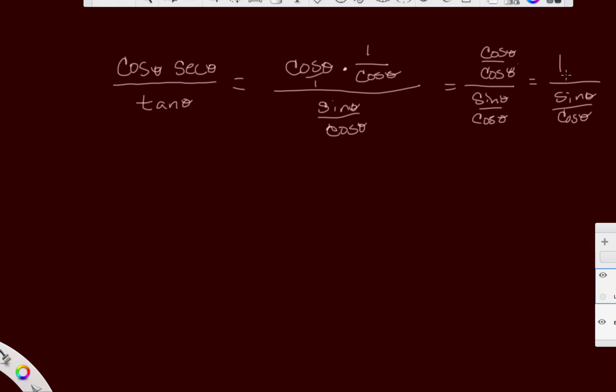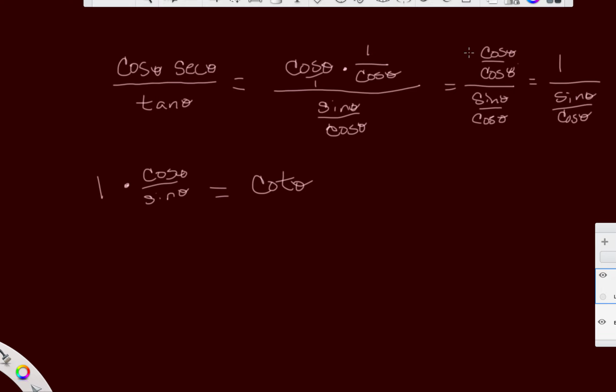I'm going to continue because this next skill is important. We have 1 in the numerator, and we're going to multiply by the reciprocal of the fraction underneath, and the reciprocal of the fraction underneath is cosine over sine. And that, my friends, is cosine over sine, which is cotangent.